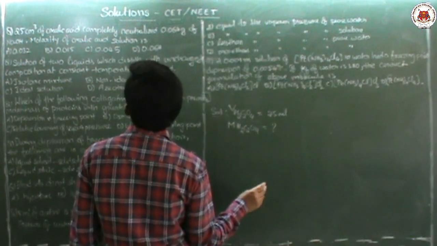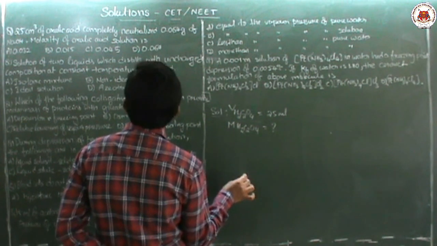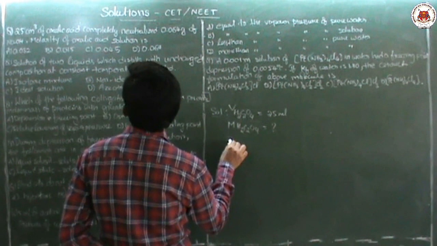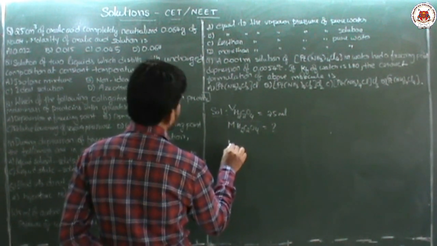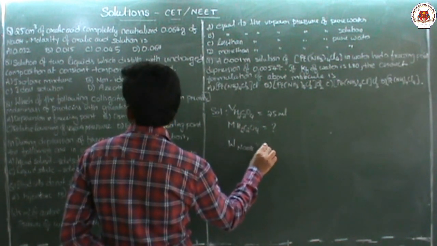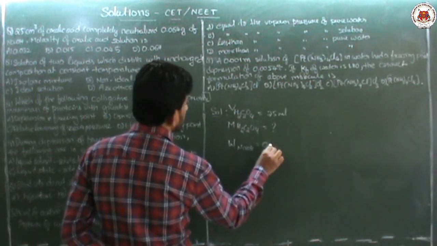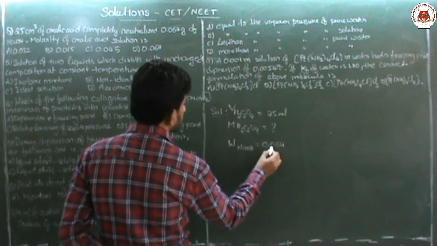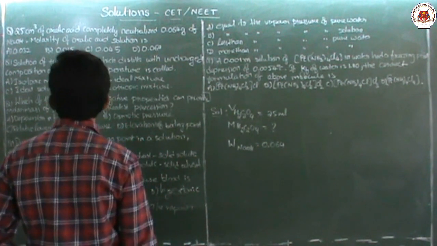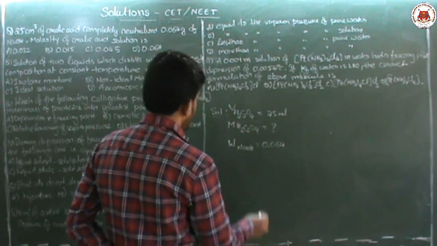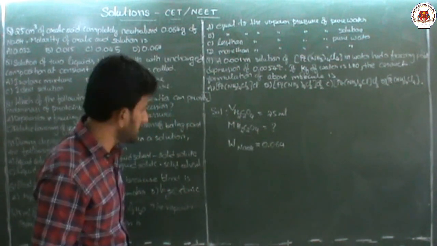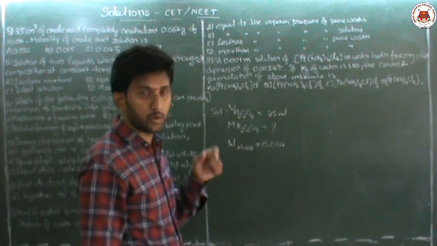The information given here is that it neutralizes the weight of NaOH, 0.064. Okay, this much weight. Now first of all, for neutralization they have given the weight of NaOH, not the moles.